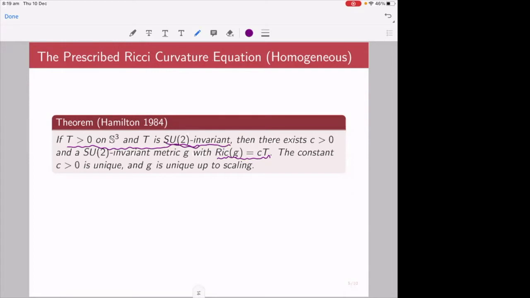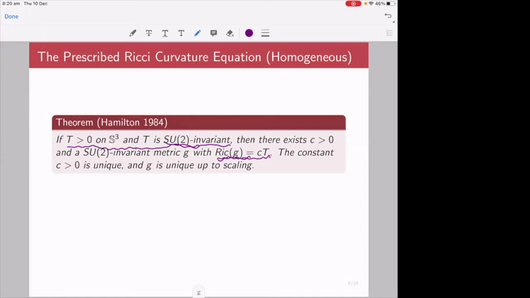In this case, the problem is solvable. No matter what positive SU2 invariant T you find, you'll always be able to find an SU2 invariant metric G which solves this problem. The constant C that you choose is uniquely determined, and G, of course, is again going to be unique up to scaling.